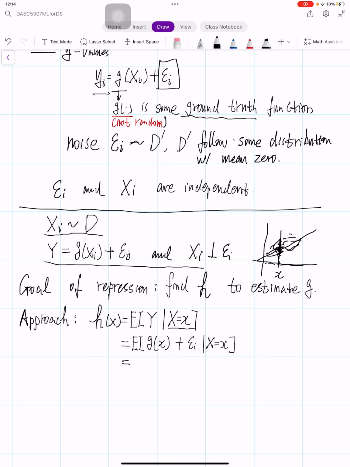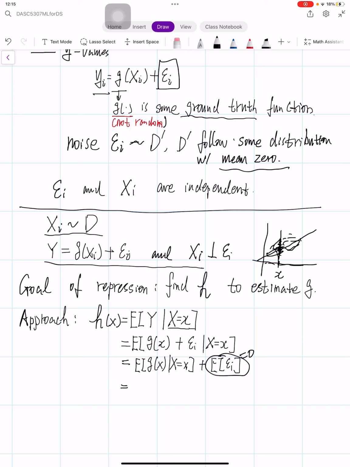Because conditional expectation is linear, we have the conditional expectation of g(x) given X equals x, plus the expectation of epsilon. The expectation of epsilon is zero, because we assume this is noise. Noise has average 0, so this term becomes 0 now.